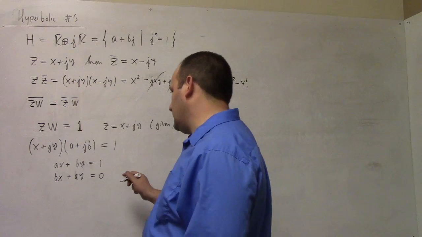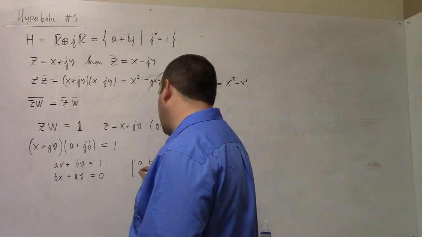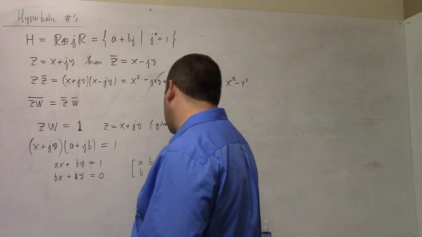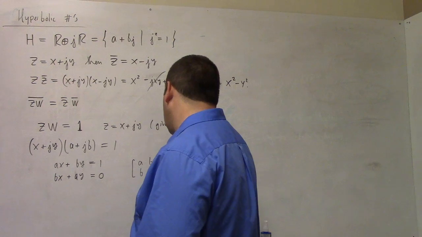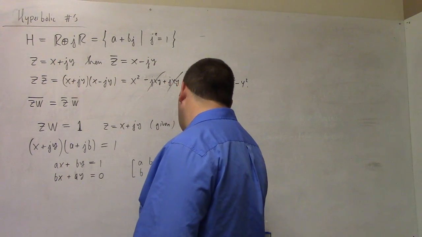I guess you could look at this as a, b, b, a times x, y equal to 1, 0.